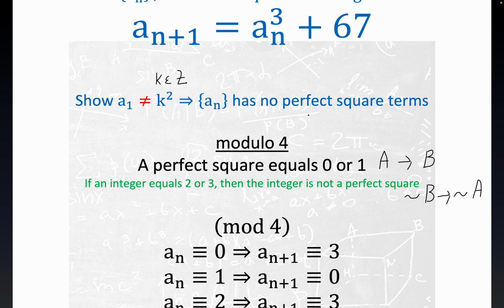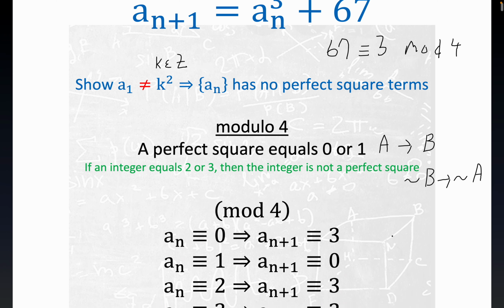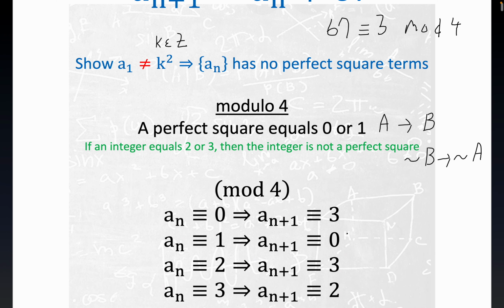Now notice right off the bat here, 67 is congruent to 3 mod 4. 67 minus 3 is 64, and 64 is certainly divisible by 4. All these computations are very, very easy to perform. If a sub n is congruent to 0, then a sub n plus 1 is congruent to 3.